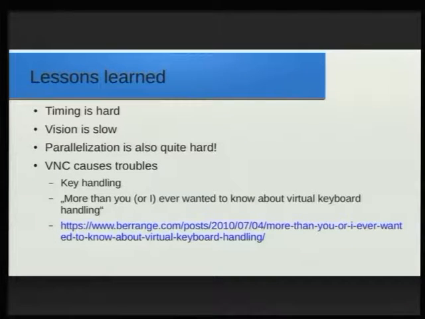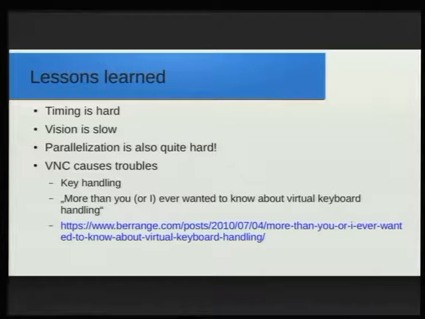And the VNC causes troubles. I finally found what this problem is, which is key handling. When you time your keys incorrectly, for example, you send a key press and then release it too fast, the guest won't register your keys. Then there is another issue that sometimes a key release is not registered, so what happens is that the last key keeps repeating. That sucks.